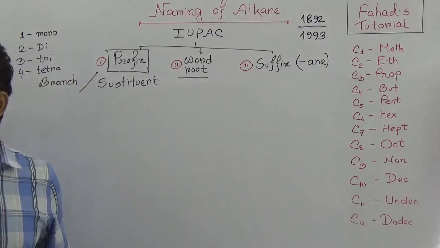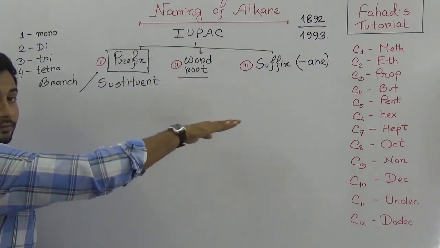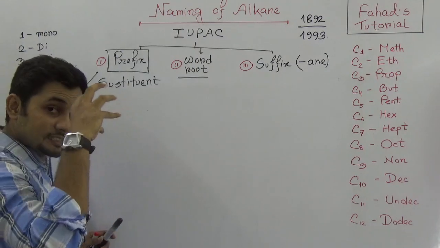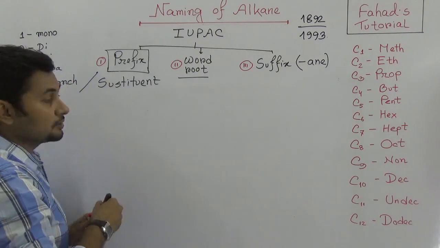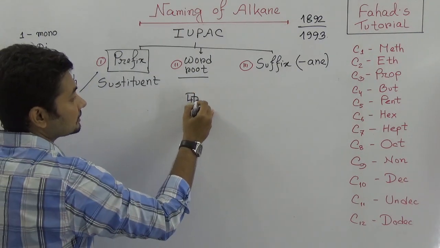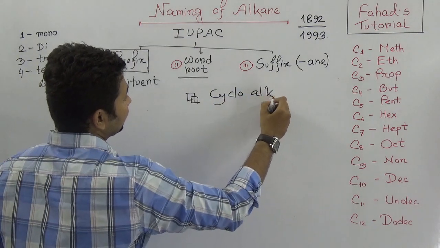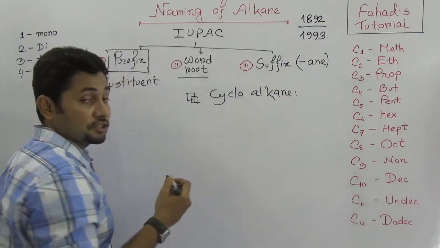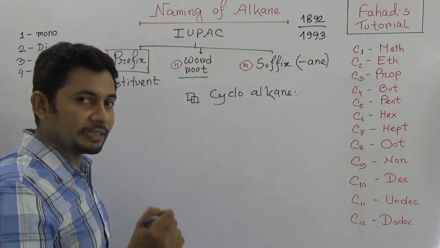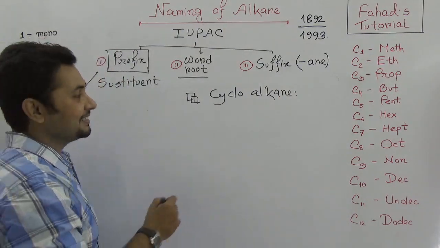What is cycloalkane? These were open chain, but when there is a closed chain hydrocarbon, these are called cycloalkanes.